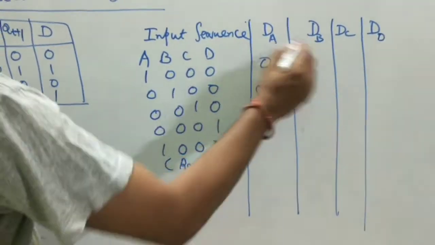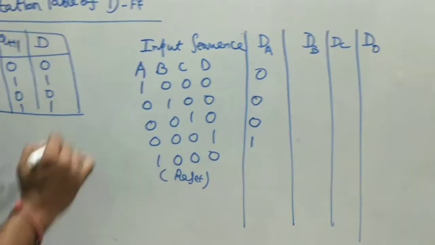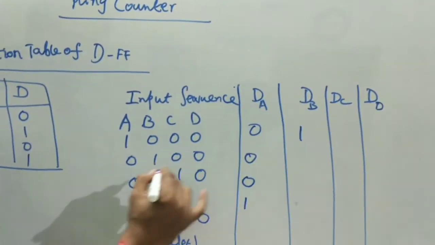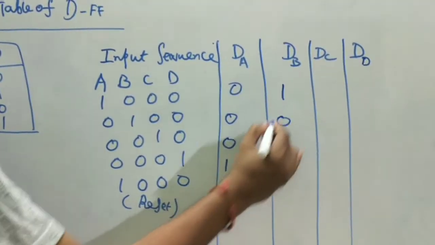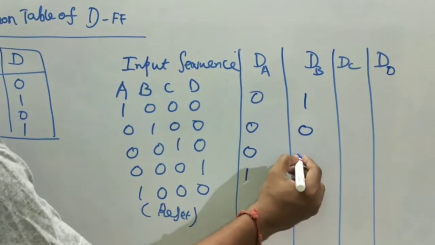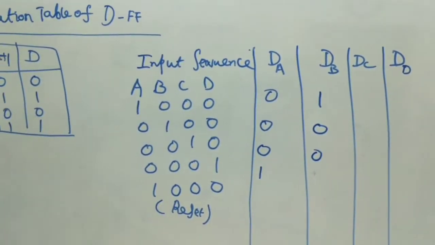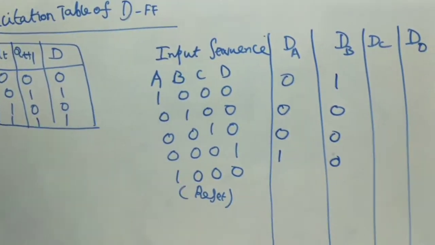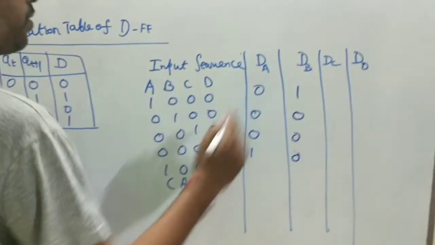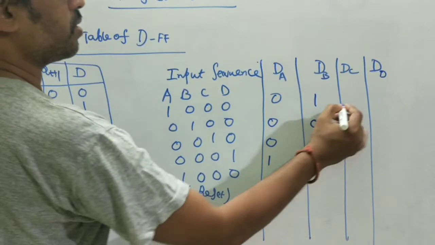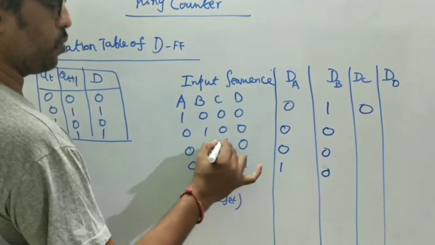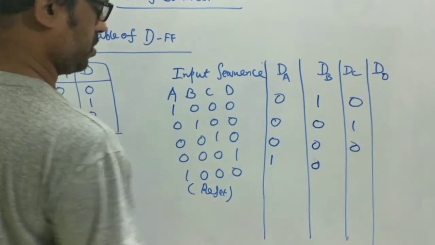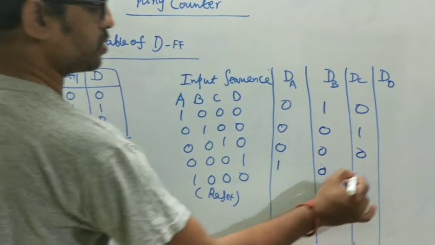So now we need to do it for DB. That is, we have to look at the B column: 0 1 1 1 0 0 0 0 0 0 0. For DC we have to find 0 0 0 0 1 1 1 0 0 0 0 0.